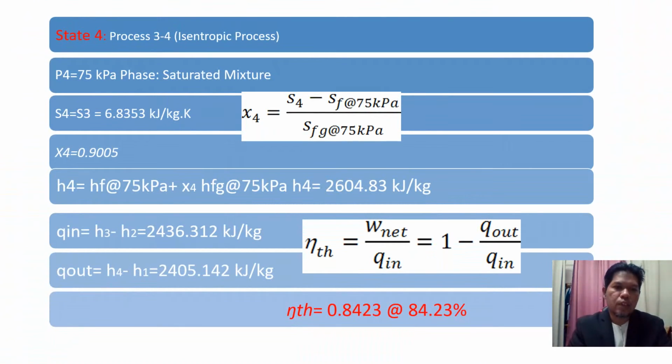For state 4, the process from state 3 to state 4 is called an isentropic process. The pressure at state 4 is 75 kilopascal and the phase is a saturated mixture. Entropy of state 4 is equal to entropy of state 3.